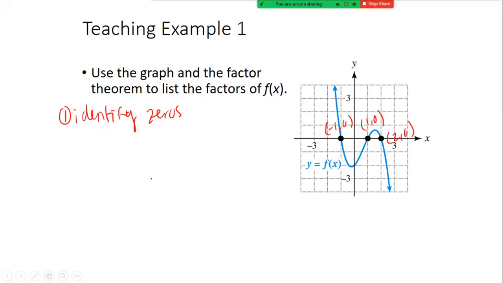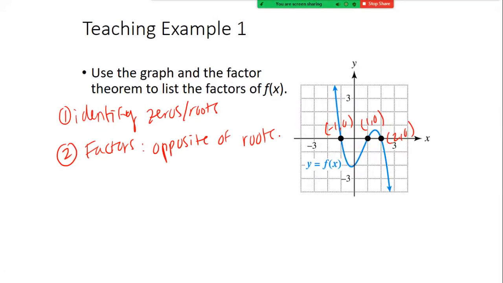Questions about identifying your zeros, your roots? Remember, those words are interchangeable. Second, you're going to write the factors. And your factors are opposite of the roots, because that's the only way that a number can equal 0, if you add it to its opposite, right? So looking at this, instead of -1, it's going to be +1.